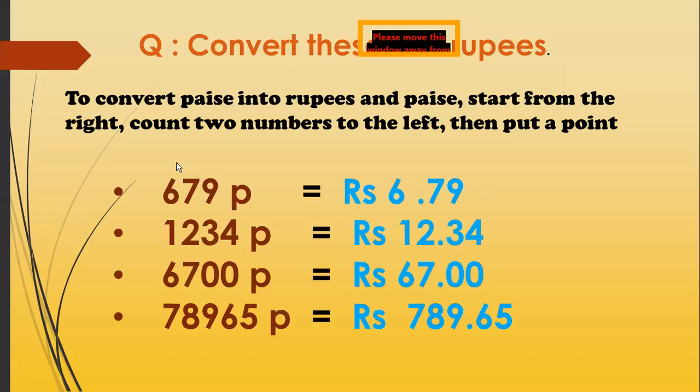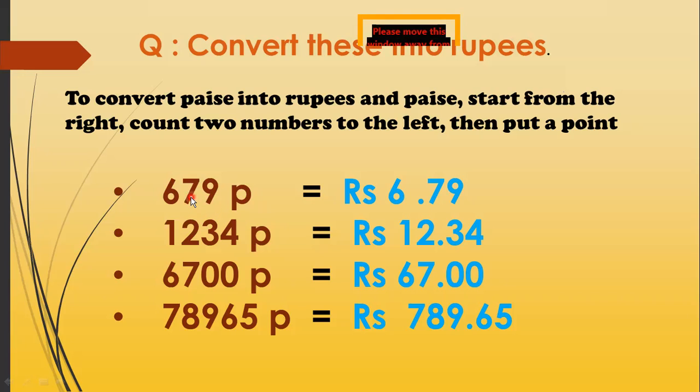See, here is the example. 679 paisa. So what we will do, we will start from the right side. Then we will count two numbers to the left, 1, 2.